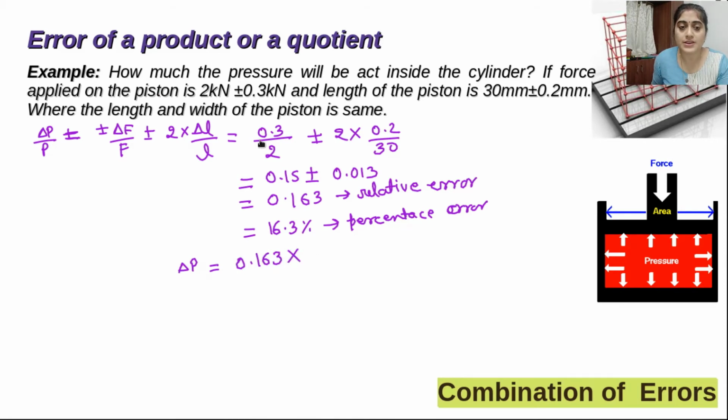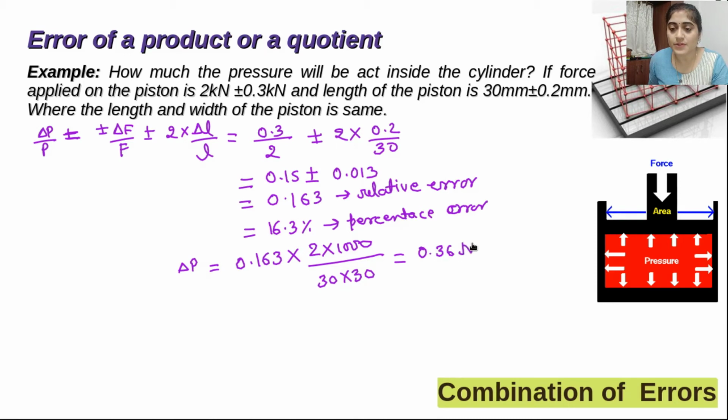P is force by area. So taking 2 kilo Newton, that is 2000 divided by 30 into 30. So the value will come in Newton per mm square. So this will be 0.36. This is the absolute error, and this error is in Newton per mm square.